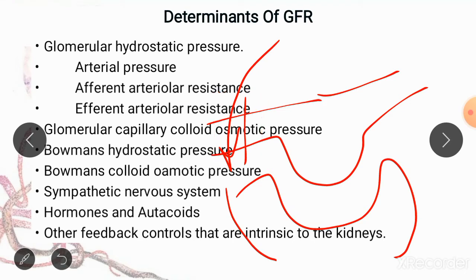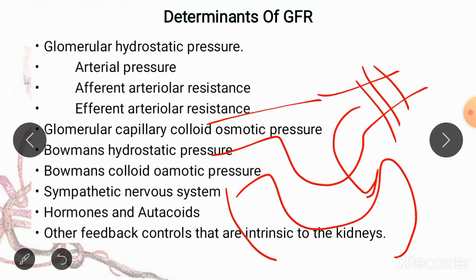Some hormones are also responsible for the control of your GFR, and among these is angiotensin 2, and angiotensin 2 causes constriction of the efferent arteriole, and efferent arteriolar constriction leads to increased GFR.